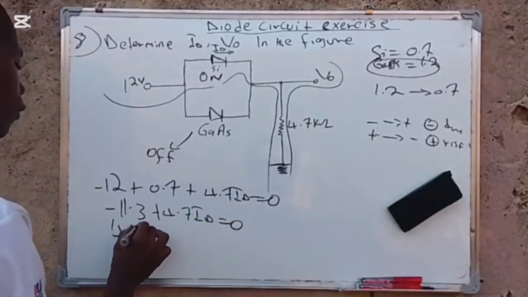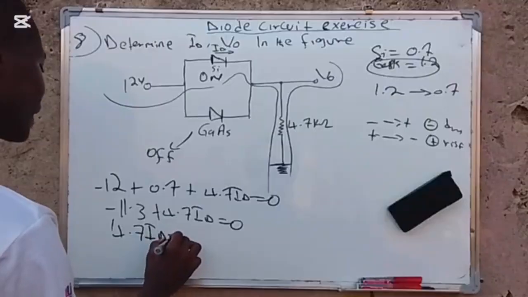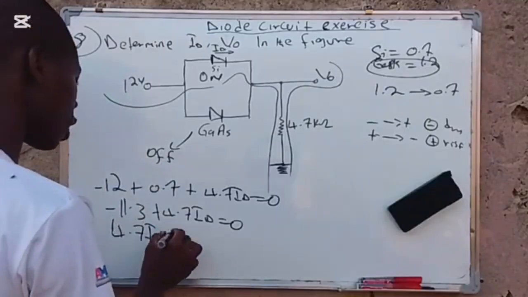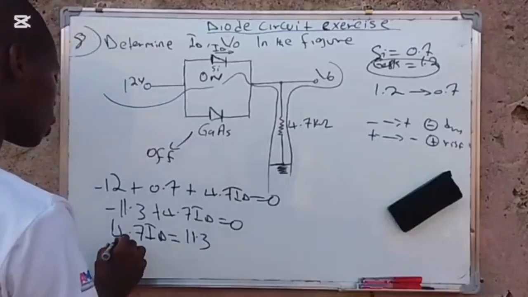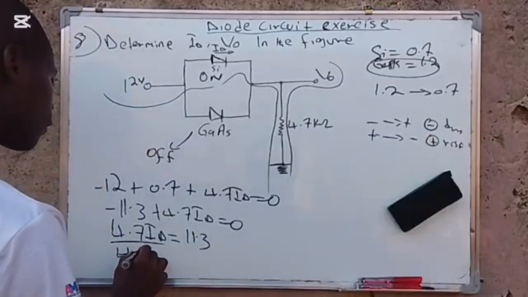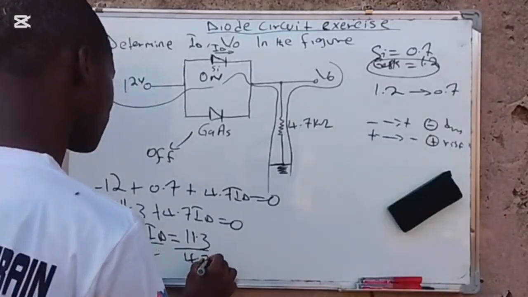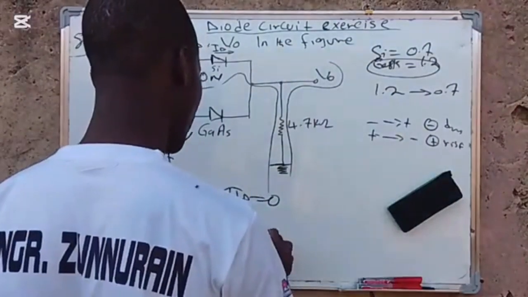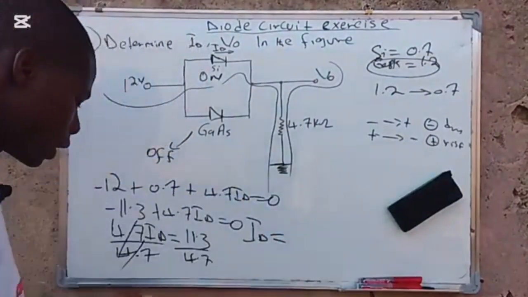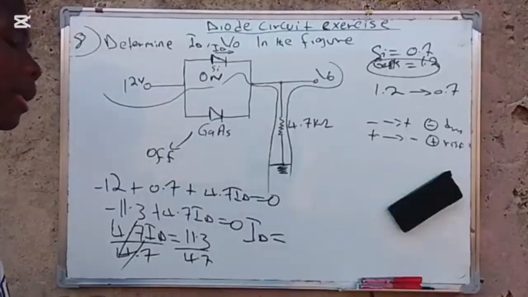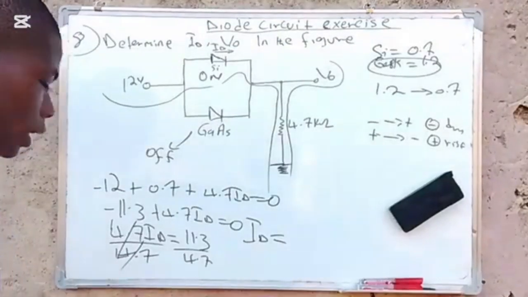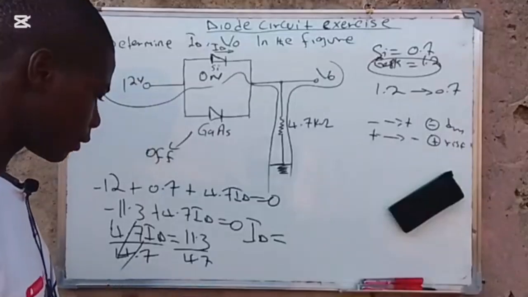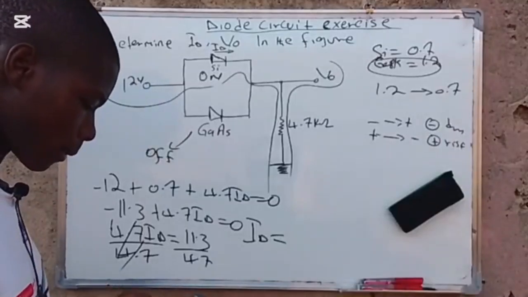So I have 4.7 ID equal to 11.3, since the negative 11.3 crosses the equal sign. If I divide both sides by 4.7, 4.7 cancels 4.7. Therefore the diode current should now be equal to 11.3 divided by 4.7.